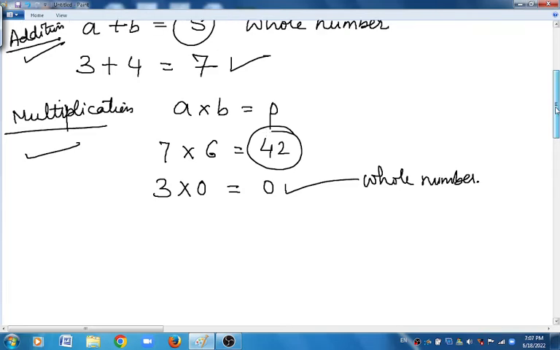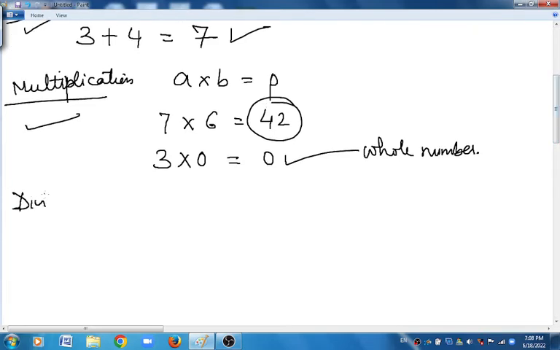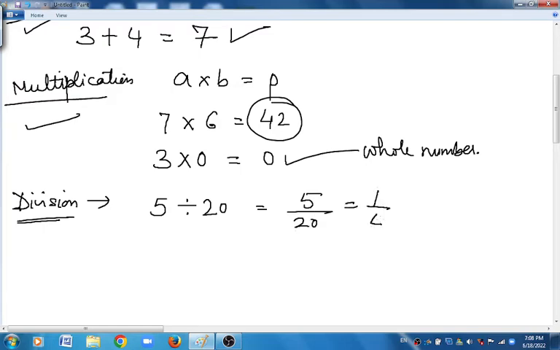We should also check it for division. Take one example. If I am dividing 5 by 20, that means 5 by 20, which is 1 by 4.